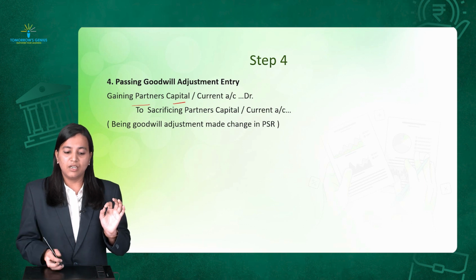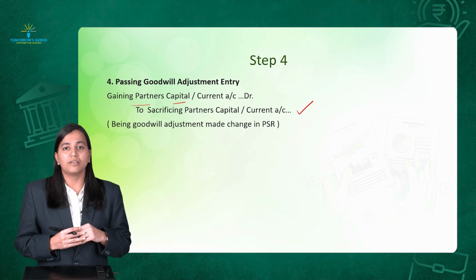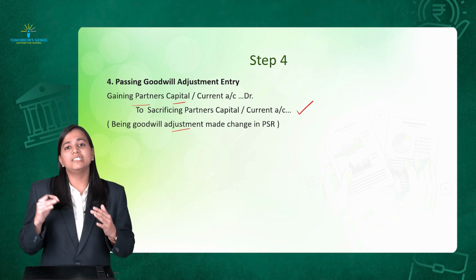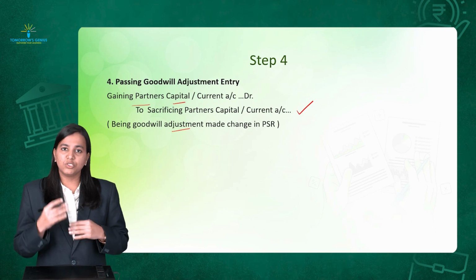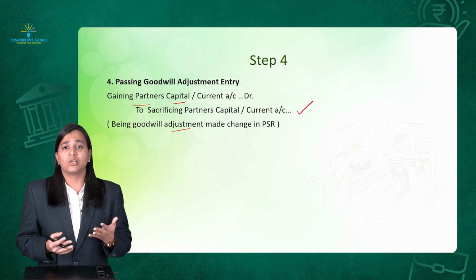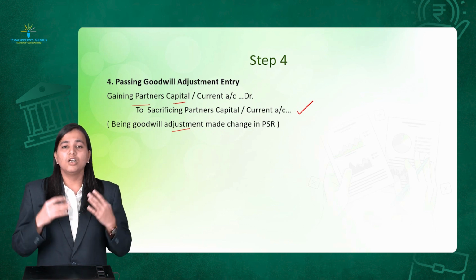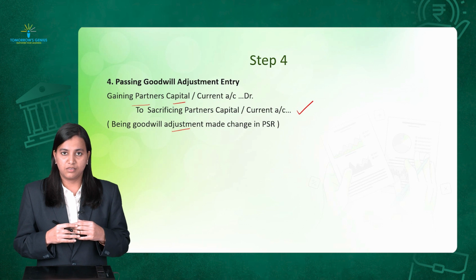That is the reason. Then credit the sacrificing partner's capital or current account. Finally, the narration: goodwill adjusted on change in profit sharing ratio. So, these are the 4 simple steps in which you can pass the journal entry. To make you understand in a much better way, let's solve an illustration.